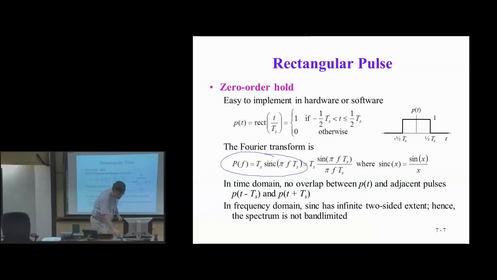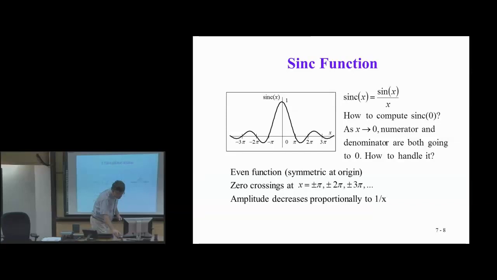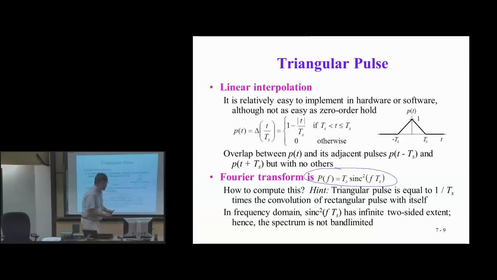Now the question is, for the triangular pulse. You can view the triangular pulse as coming from the rectangular pulse convolved with itself. To get this triangular pulse, it's equivalent to filtering with the rectangular pulse and then filtering with the rectangular pulse again.